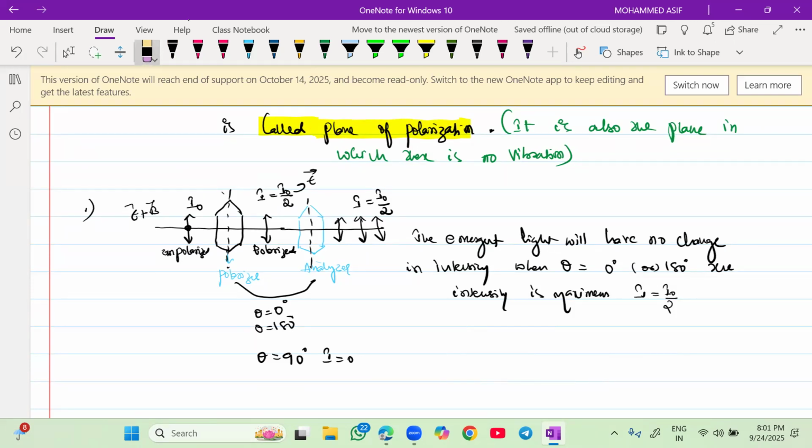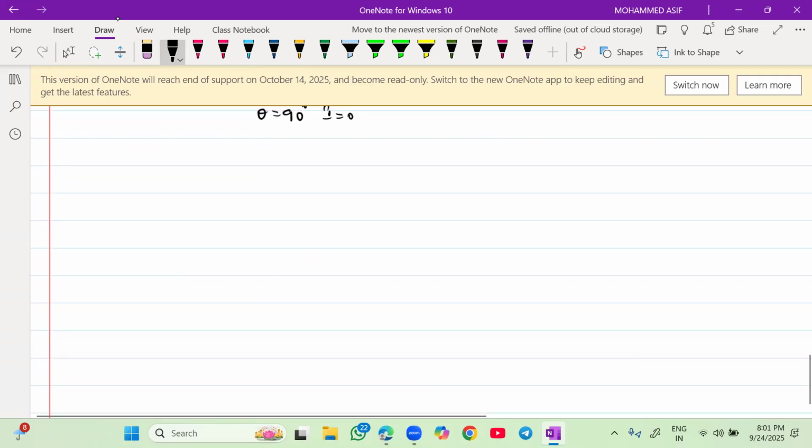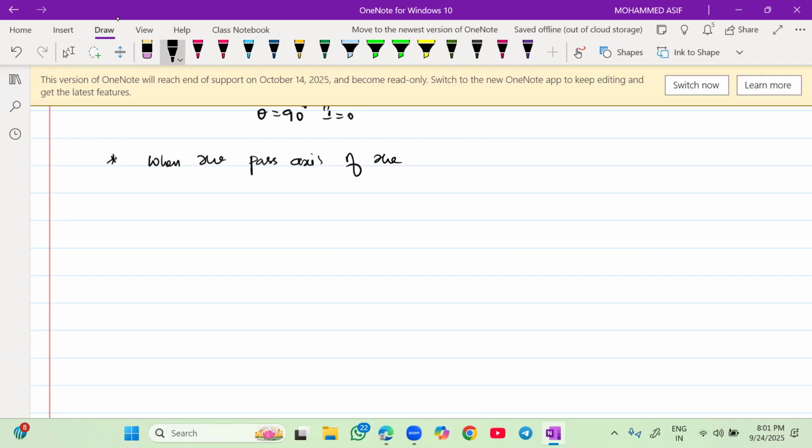Okay. What will be the intensity? Intensity will become 0. Am I clear? I'll write one point here, otherwise you won't get clarity. When the pass axis of the analyzer is perpendicular to the pass axis of the polarizer, no light is transmitted.